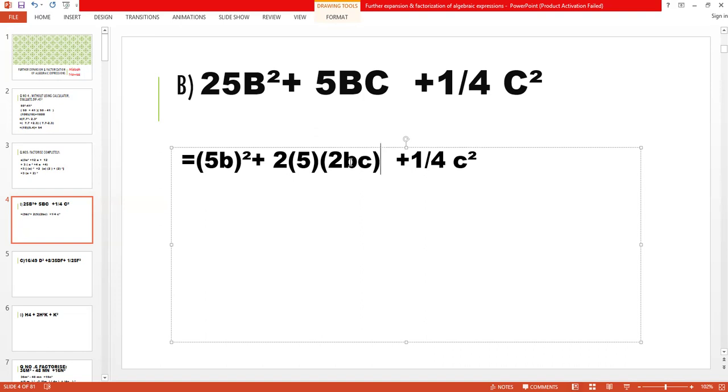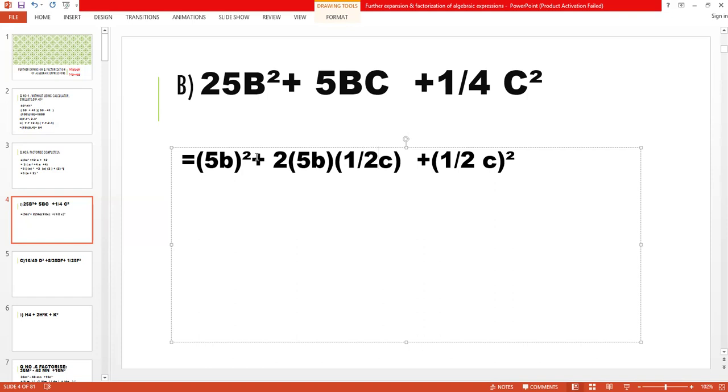Wait, अभी सेकंड टर्म मैं लिखती हूँ. Okay, सेकंड टर्म ये 1/2. Then we have to take the whole square. Clear? Look here. First term square plus 2. ये second term क्या है? 1/2. You have to write 1/2.